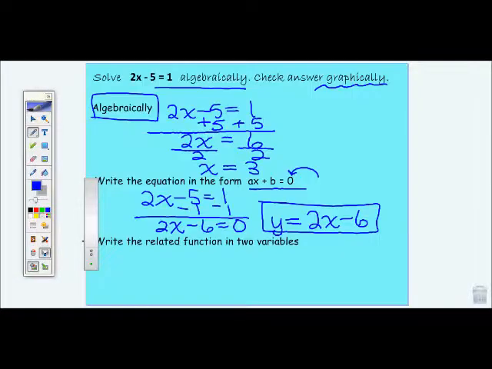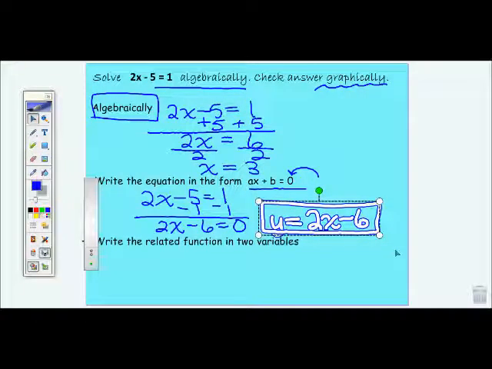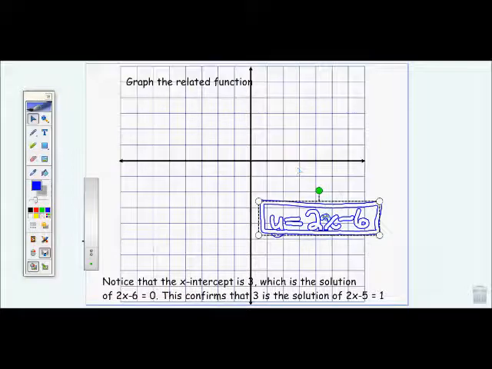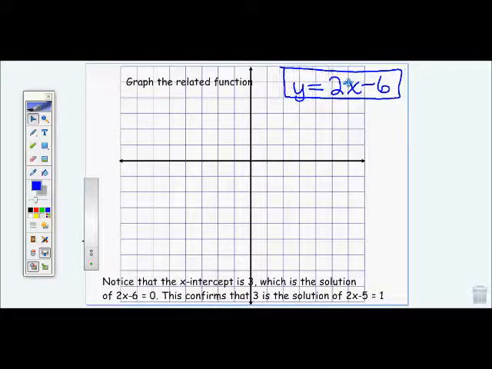So let's copy, go to my computer a minute. Let's copy our two equations here. So this is the equation that I'm going to graph. So I'm going to copy that, go to my next page where we're going to graph it. I'll paste it there, scoot it up here a little bit.